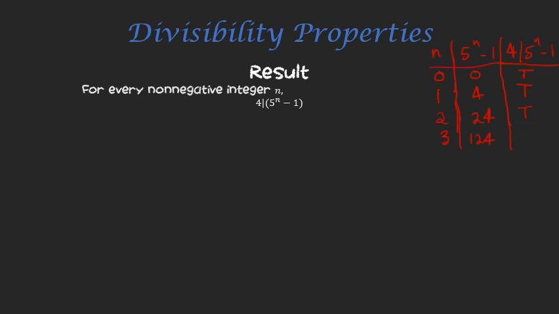Well, one thing you can do for 4 is divide by 2 and then divide by 2 again to find the divisor. So that's 62, that'd be 31. Yep, so 4 divides 124 because 4 times 31 is 124, so this would also be true. And so this result is claiming that for every non-negative integer n, this statement will be true.